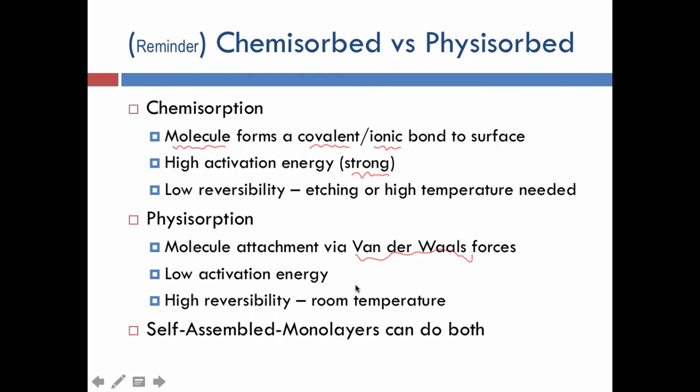All right. The key thing to take away from this is that self-assembled monolayers, SAMs, can be designed for either of these. And so as a class of materials, they can do both. They can either be very strongly bonded or they can be kind of weakly bonded.